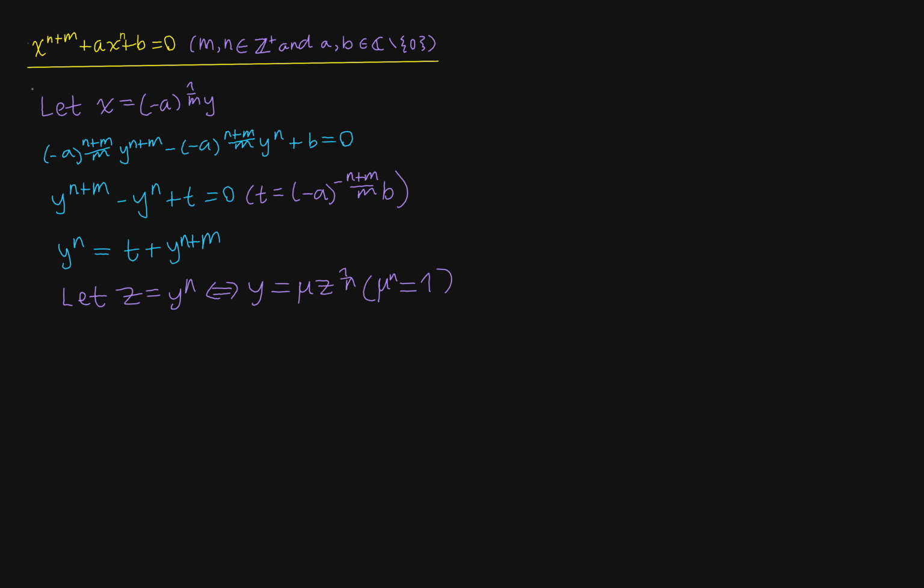So we get as follows from Lagrange reversion theorem, or sorry, we're first going to have it as z is equal to t plus mu to the m z to the n plus m over n. And now we can apply Lagrange reversion theorem. It has the right form.